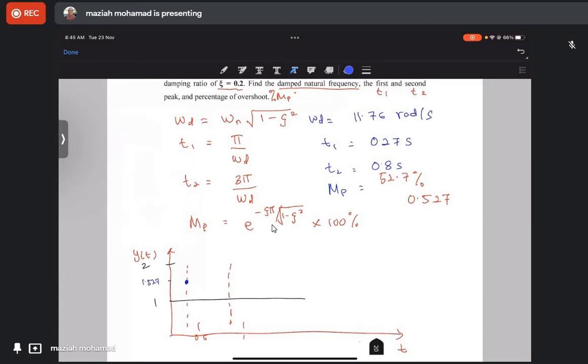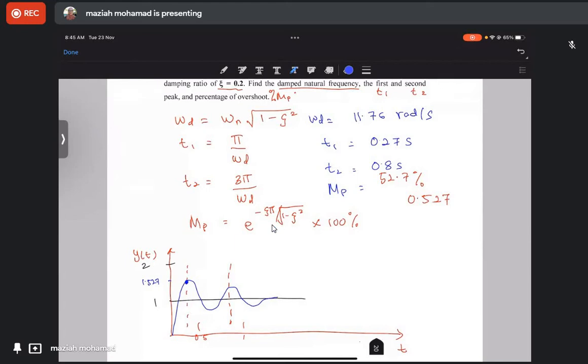We can have something like this, and we can expect the behavior like that. We're not calculating the rise time or the settling time, but by sketching we can expect the behavior like this.